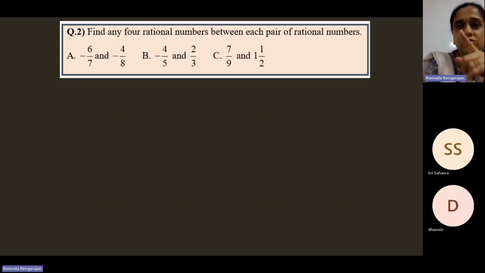Now, there are infinitely many rational numbers between any two given rational numbers. Is this statement true?